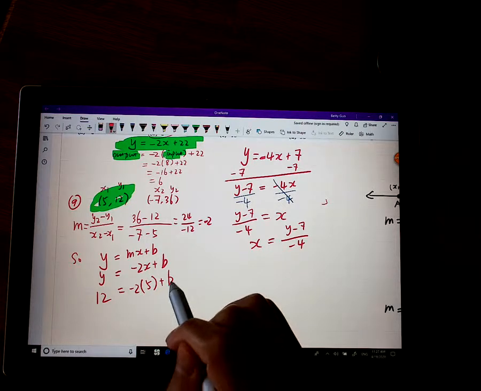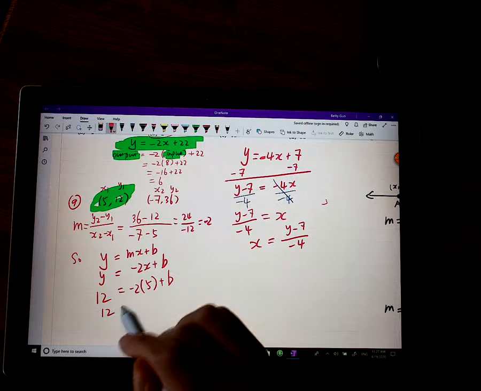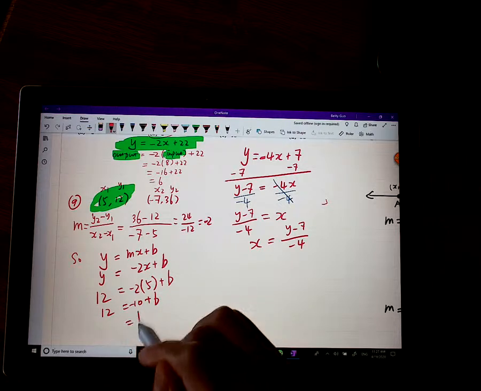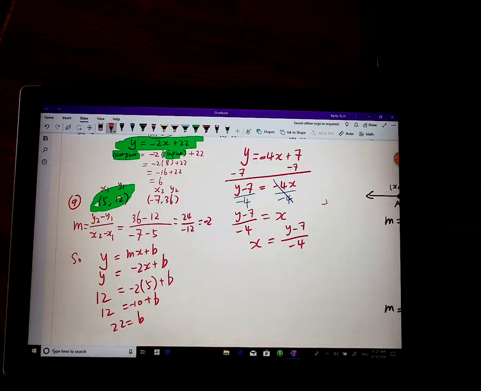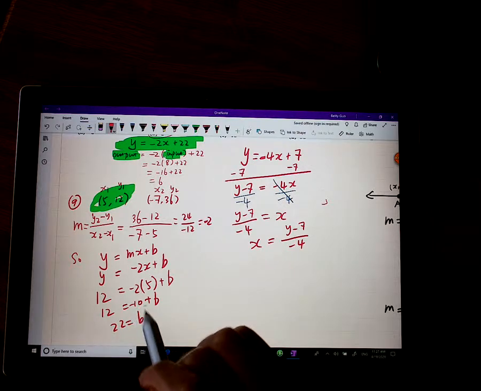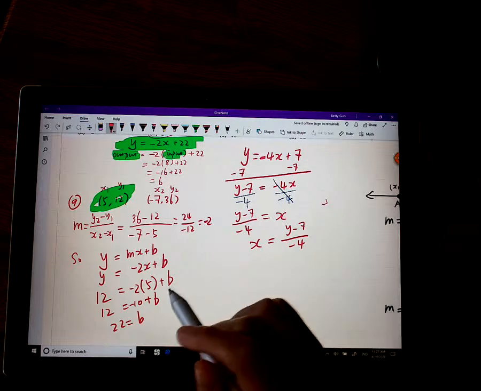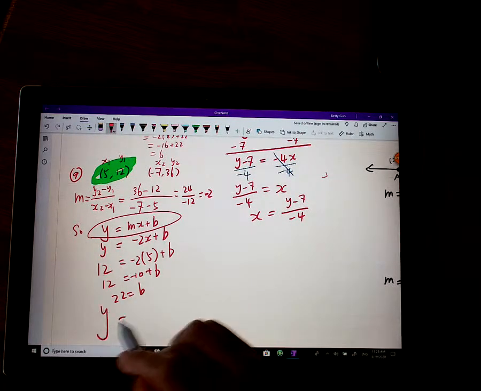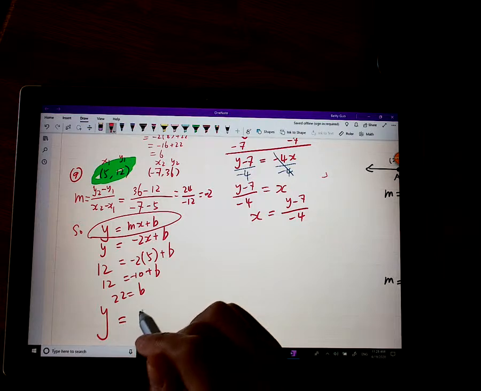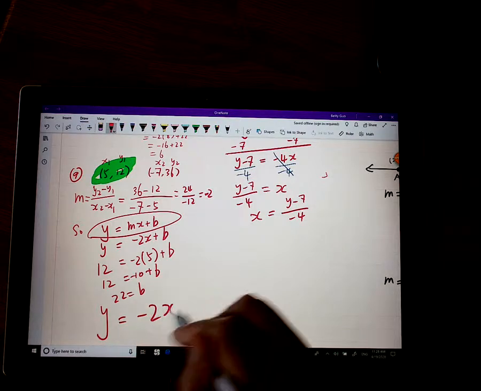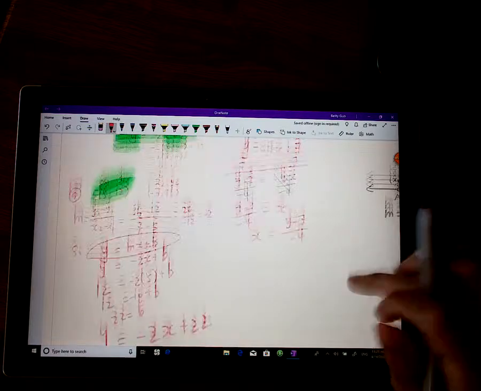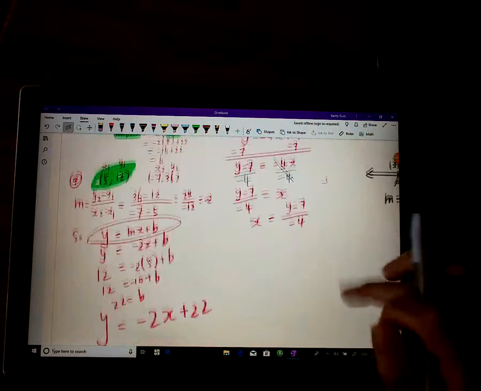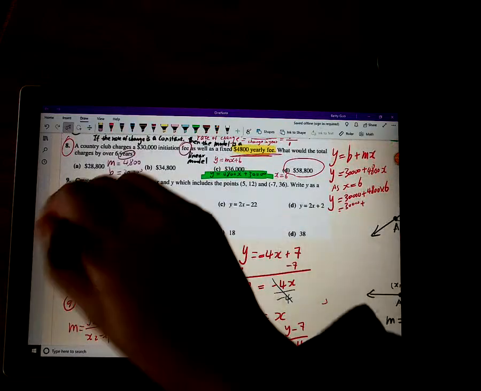Then in this equation, b would be the only unknown. 12 equals negative 2 times 5, negative 10, plus b. If you add 10 to both sides, you have b equals 22. And that gives us the equation y equals mx, m is negative 2, x plus 22. Let's see which one is the correct answer. Slope is negative 2, 22. I think it's this one, right?